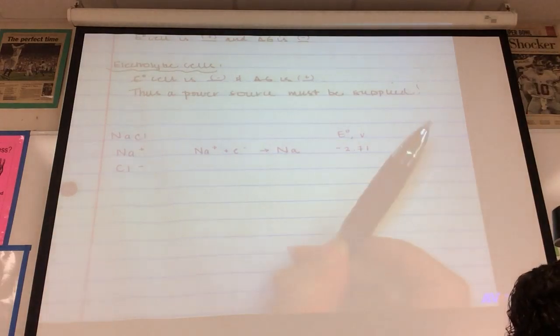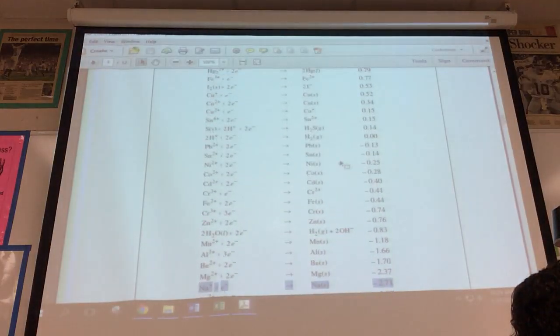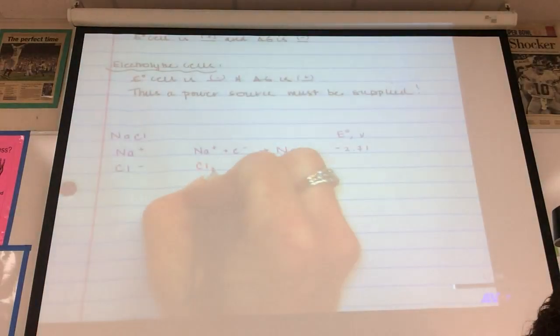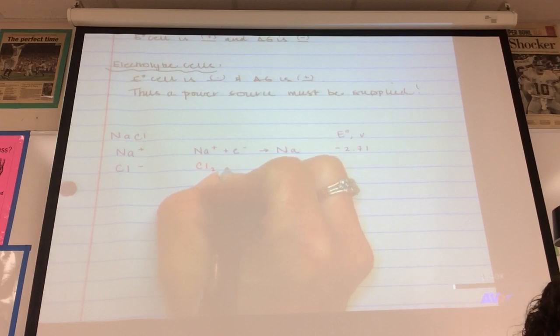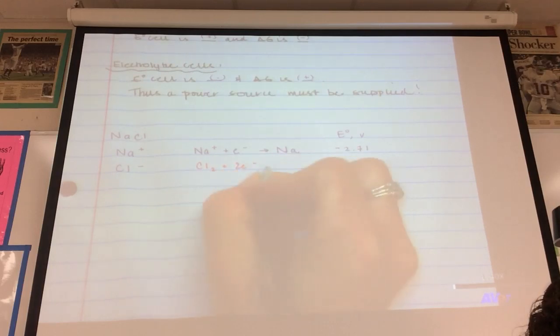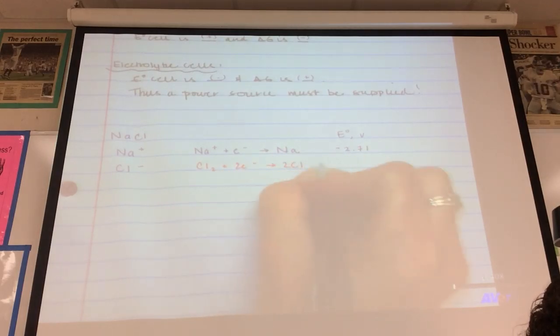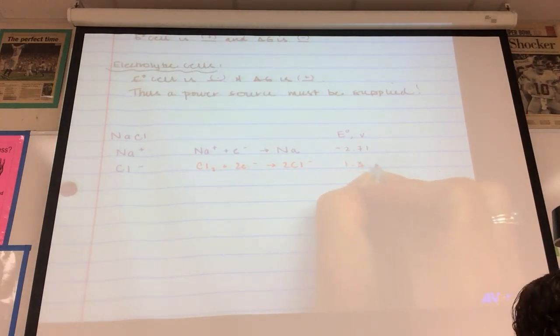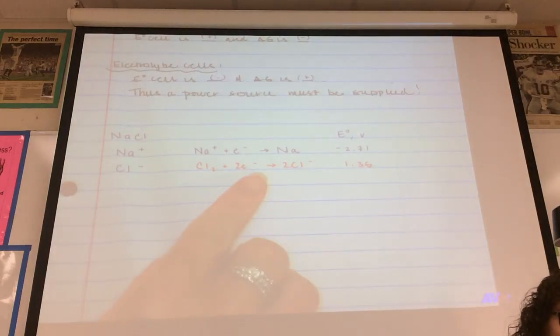And then if you consider chlorine, written as shown on the table, just copying here, you have chlorine gas plus 2 electrons yielding 2 chloride ions, standard reduction potential of 1.36 volts.